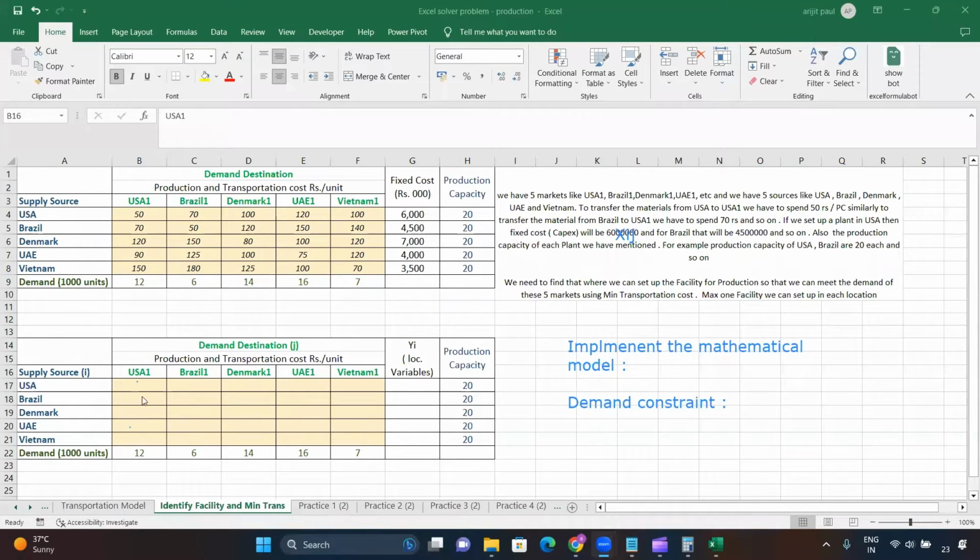These are the quantities that we are going to transport from the source to the destination.